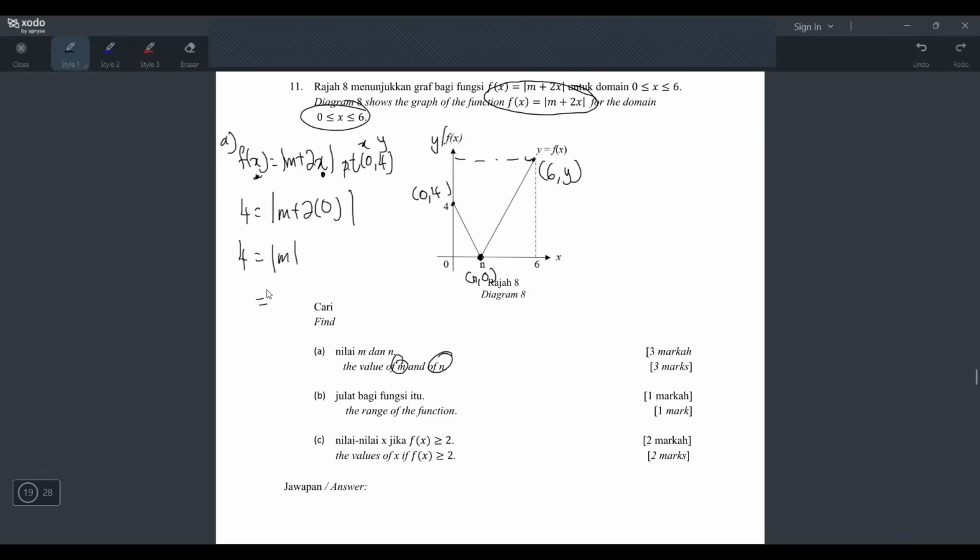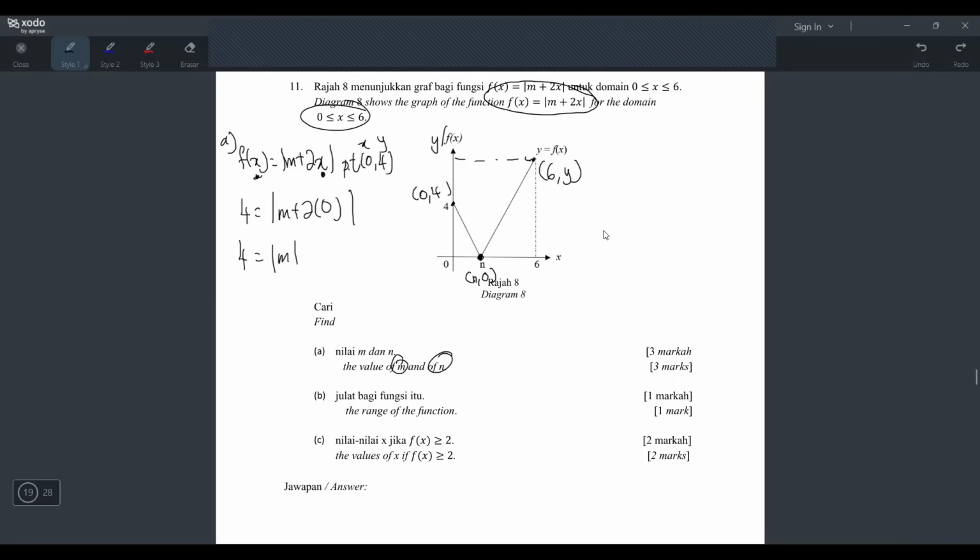At this point, many students do it like this. The student will say, oh sir, when you modulus a negative number, it becomes positive, so modulus m means m equals 4. Wrong, wrong. Who taught you to do this? Hello. You cannot modulus an unknown.